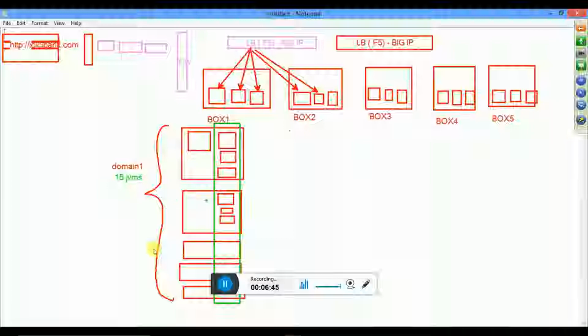Now say you have 15 into 7 such domains. Means you have domain 2, domain 3, domain 4, like this.